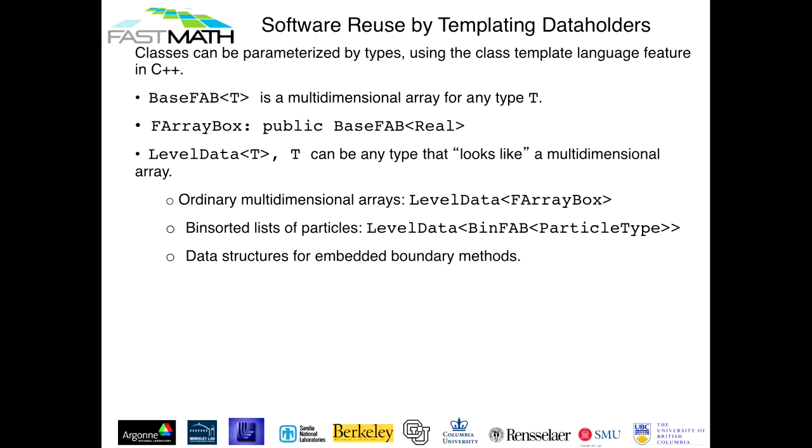So FArrayBox is the specialization for real data, and real is a macro which is either double or float, so you can be single or double precision, or quad, and then all of Chombo still compiles with quad, or double, or whatever your floating point data type is. We just have requirements that the floating point type supports a certain amount of algebra.